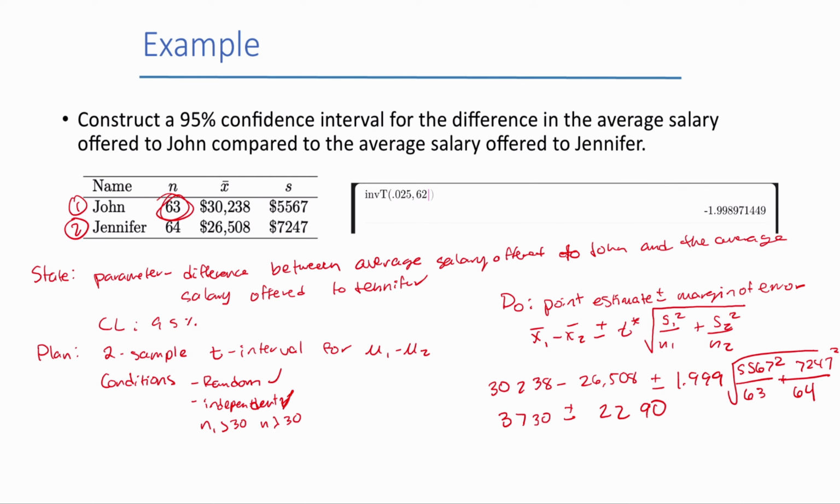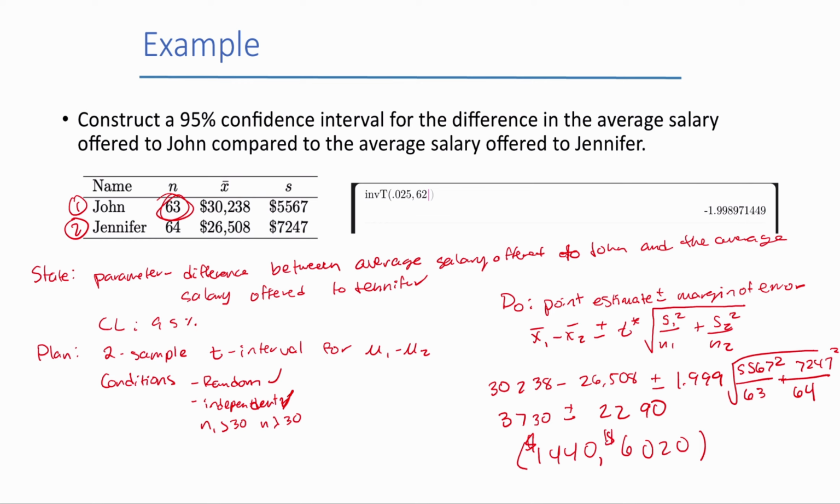So that means that my confidence interval is going to be from $1,440 to $6,020.